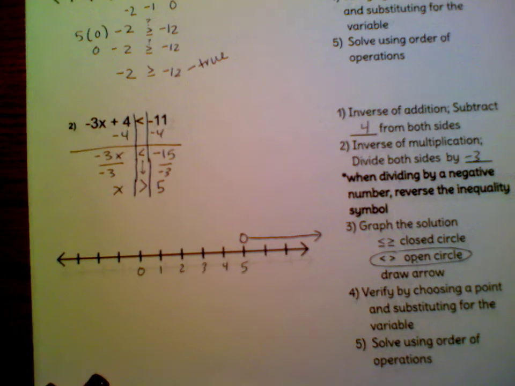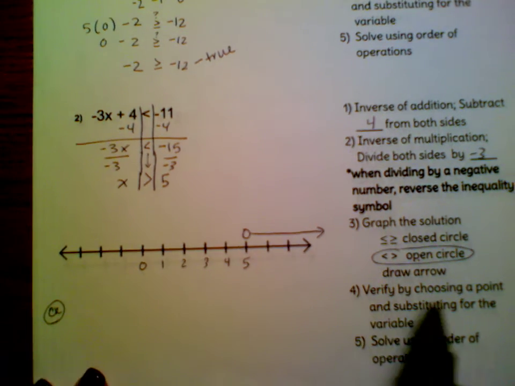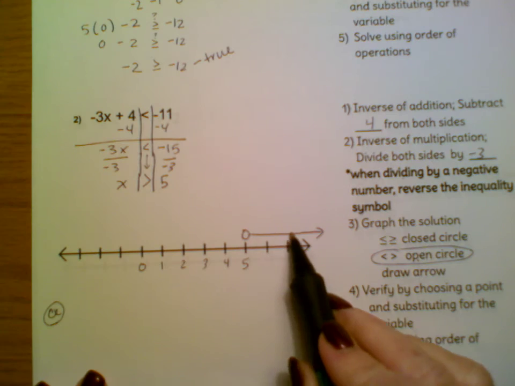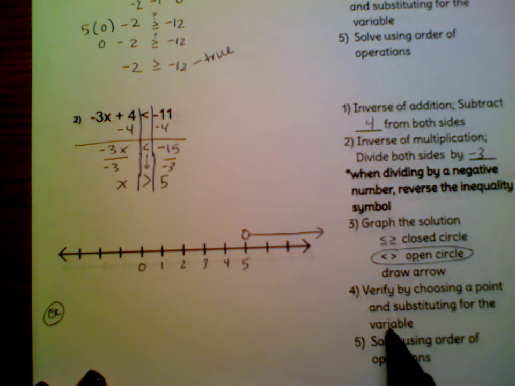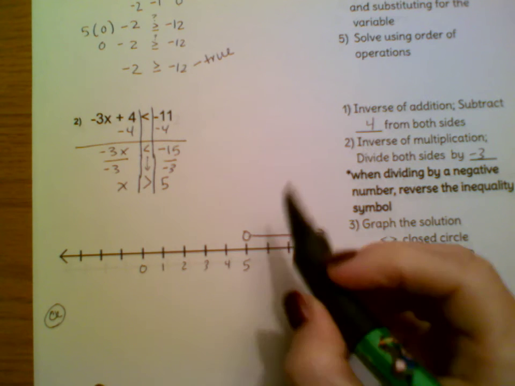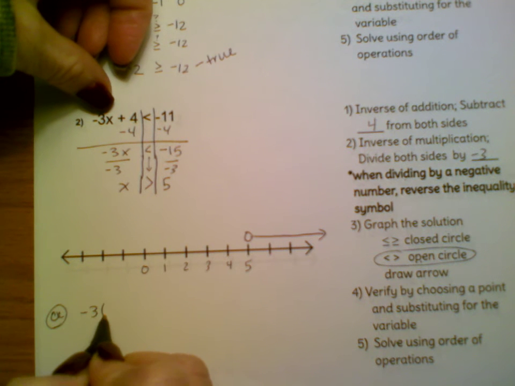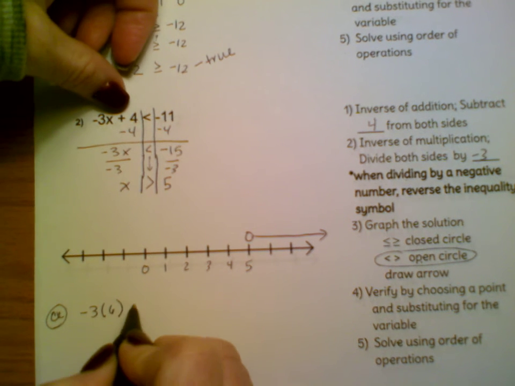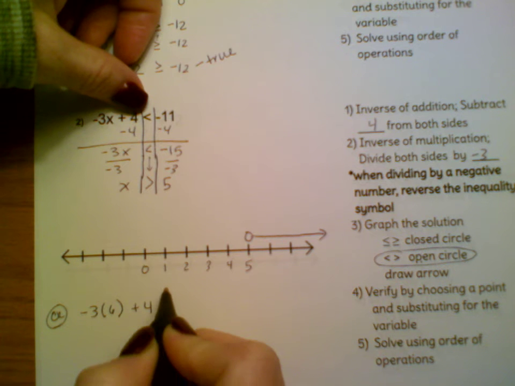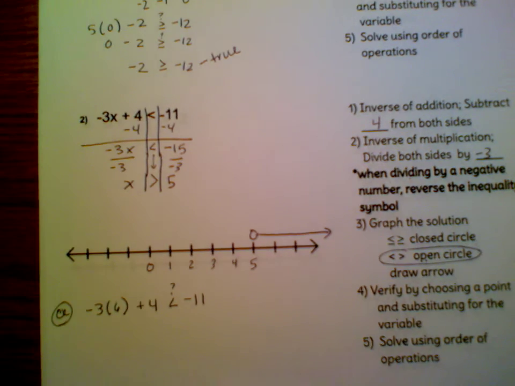So in order for me to check this and verify, I verify by choosing a point. I'm going to choose a point along here, and I'm going to substitute it. So I'm going to try to take another even number, so I'm going to try 6. So I'm rewriting negative 3 times 6 plus 4 has to be, hopefully, less than negative 11 if I did this right.